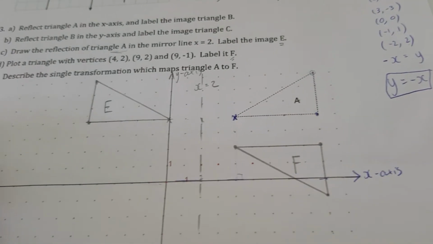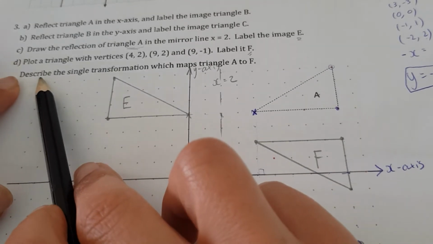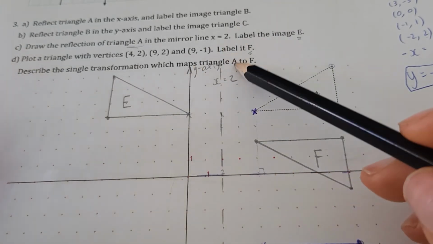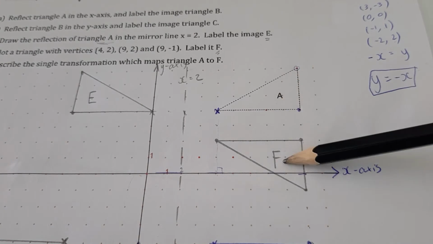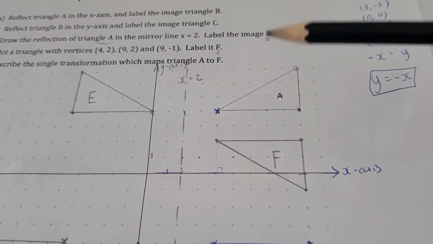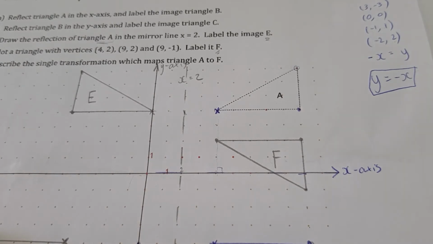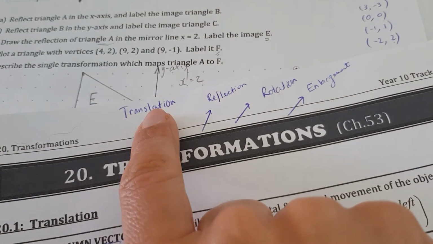Okay, now next question is, describe the single transformation which maps triangle A to F. So how did I get triangle F from triangle A? Now you have to check what we've done last time. Is it a translation like we did last time?